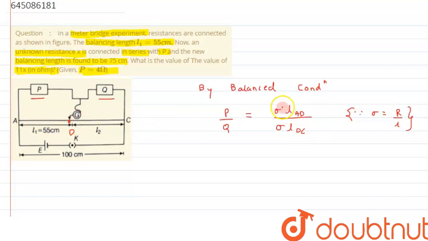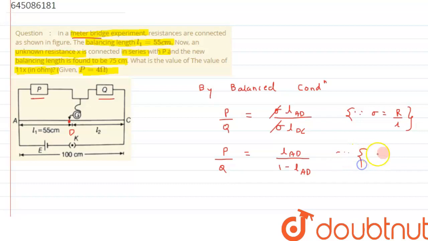Sigma will get cancelled out and we are left with P by Q equals length AD over 1 minus length AD. Why? Because we know the meter bridge has a wire length of 1 meter, that's why its name is meter bridge. So AC is AD plus DC, and it is equal to 1 meter. That's why we can write LDC as 1 minus LAD.